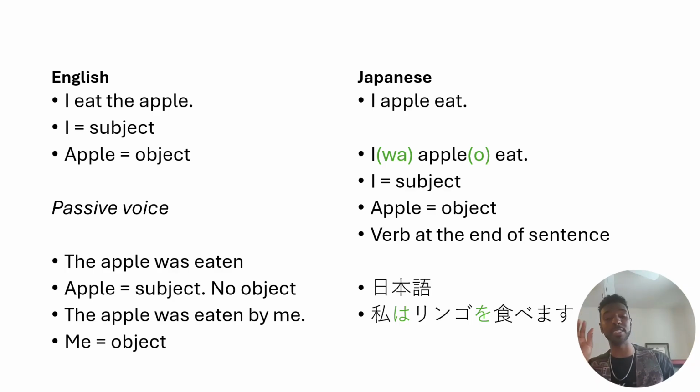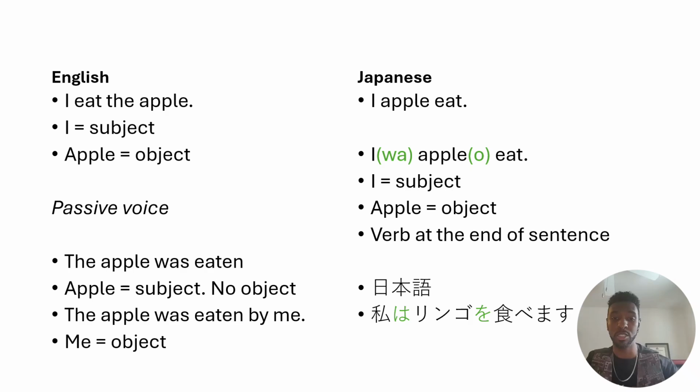O is the object of the sentence. Watashi wa apple o eat. Right? Apple o watashi wa eat. Doesn't matter what the order is. O is attached to whatever the object of the sentence is. Does that make sense? I is the subject. Apple is the object. Wa is the subject marker. O is the object marker.